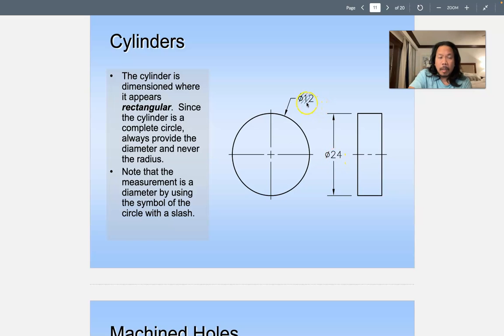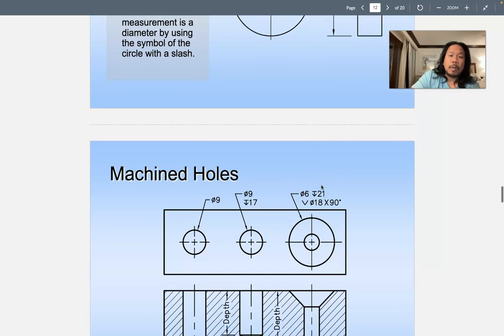So I don't know why this is 12. It looks like the radius is 12, but the diameter is 24. So this should have been 24. Okay, but the height of the rectangle, which is actually a circle, is just the diameter. Okay, so diameter of 24.